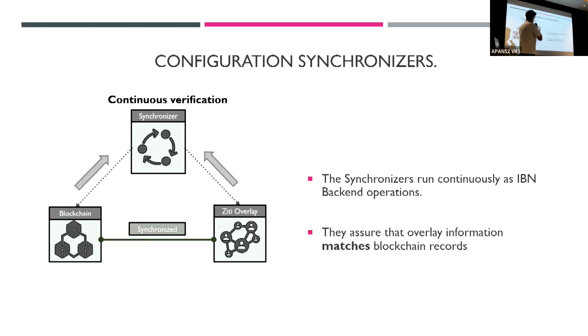So we managed to control the overlay itself in terms of configurations indirectly. Synchronization of configuration, sorry, will automatically always apply the latest configuration that was committed by the IBN system into the blockchain.